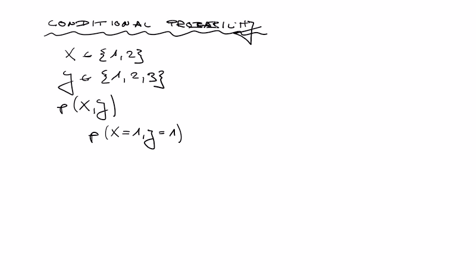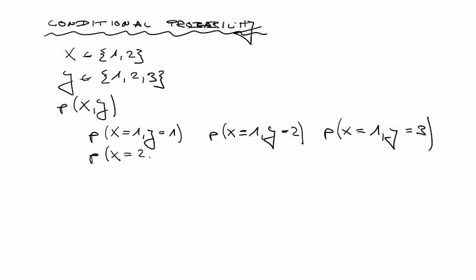And x taking on the value 1 and y taking on the value 2, and x taking on the value 1 and y taking on the value 3. So that's all possibilities that exist if x takes on the value 1. And then there are more possibilities, namely if x takes on the value 2.